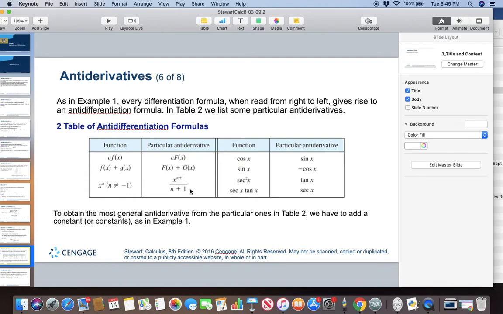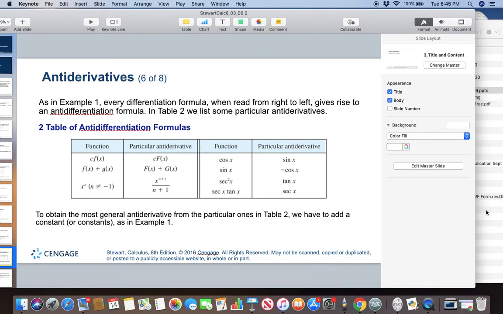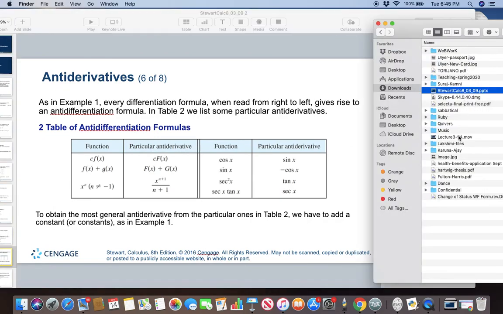Instead of multiplying, you're dividing. Antiderivative of cosine is sine. Antiderivative of sine is negative cosine. Secant squared is tan. Secant x tan x is secant x. Okay, these are called particular antiderivatives because I have not added a constant. If I add a constant, that's when I get general antiderivatives. Okay.